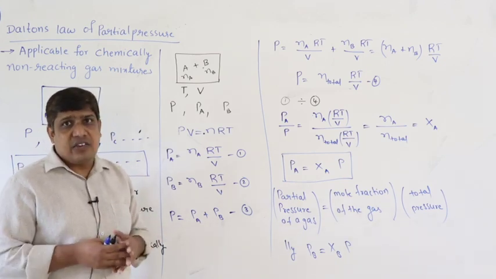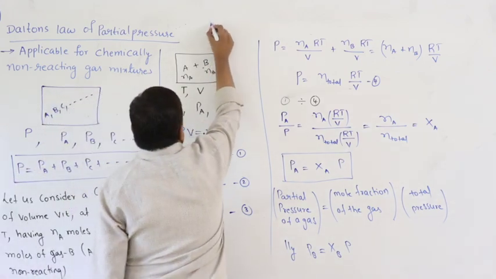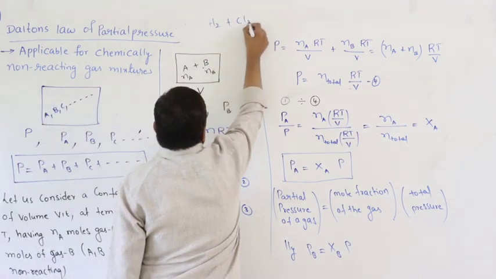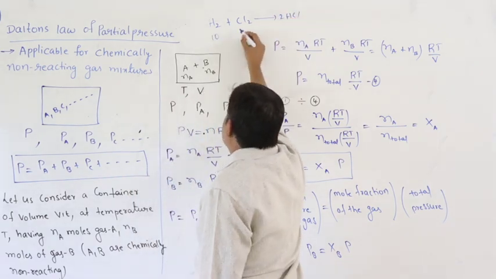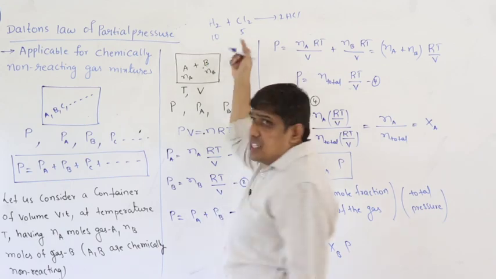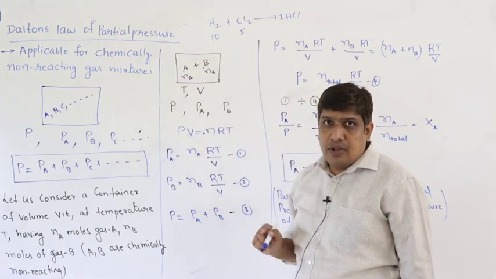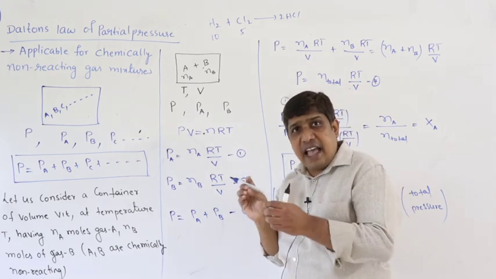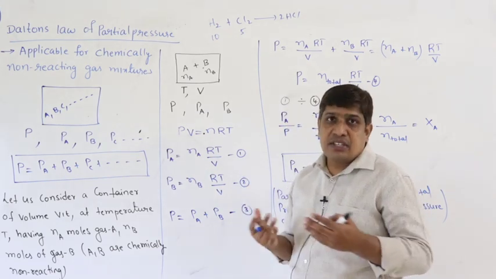So when two gases react, for example, if I take H2 and Cl2, suppose I take 10 moles of H2 and 5 moles of Cl2. So initially we are taking 15 moles. But if you assume that they remain as such when you mix them, then you will get wrong answer. The pressure will be incorrect.